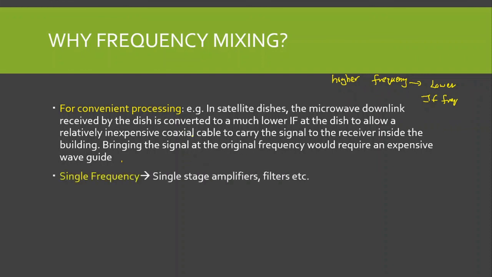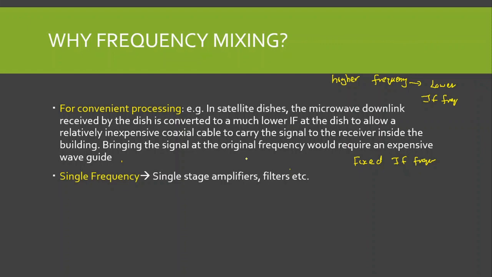The second thing is that when we convert a high frequency signal or a high frequency carrier into a fixed intermediate frequency, then that is actually a single frequency. So the single frequency requires single stage amplifiers and filters, etc. The multiple frequencies or the higher frequencies require multi-stage amplifiers, and it is obvious that multi-stage amplifiers are more expensive than single stage amplifiers.